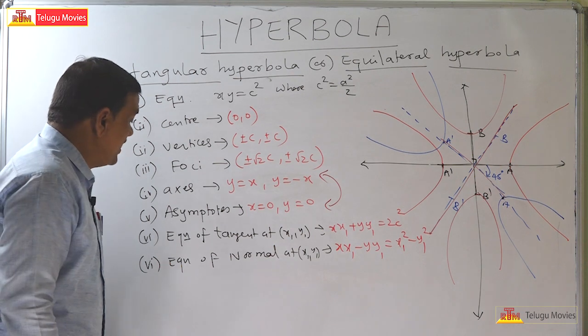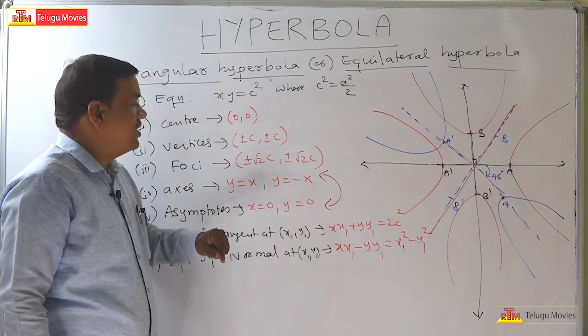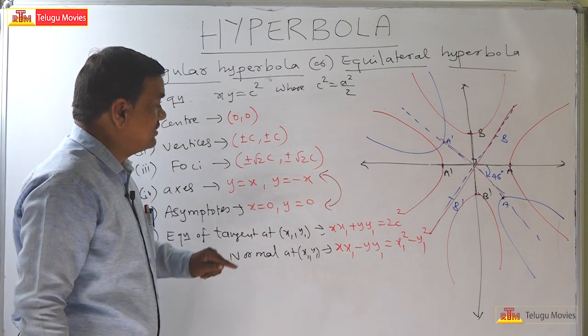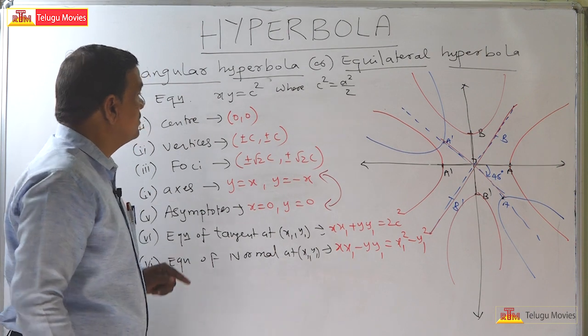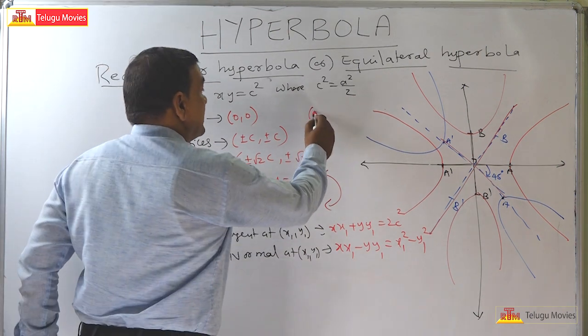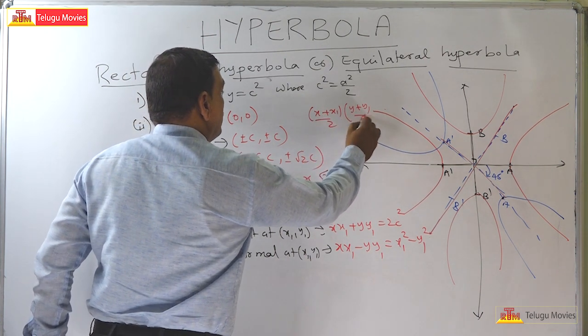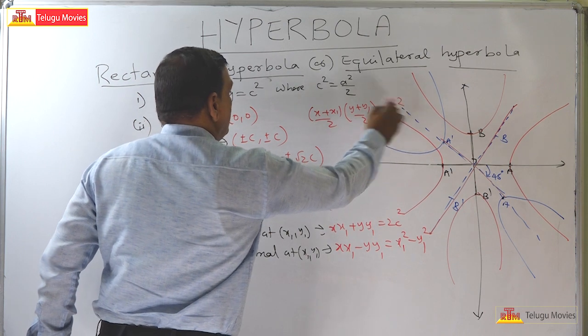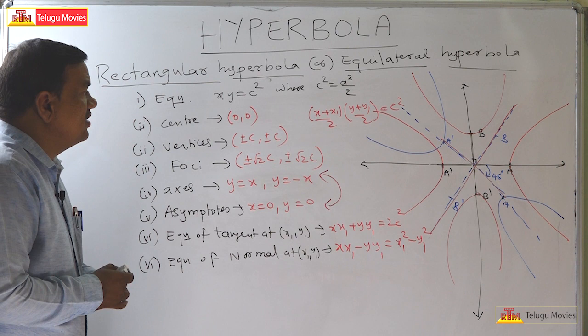Next, the equation of the tangent. Everybody knows, wherever x is there we substitute x1, and wherever y is there we substitute y1. Here we know that in place of x we substitute x plus x1 by 2, and y plus y1 by 2, is equal to c square. If you simplify that, you will get the answer.